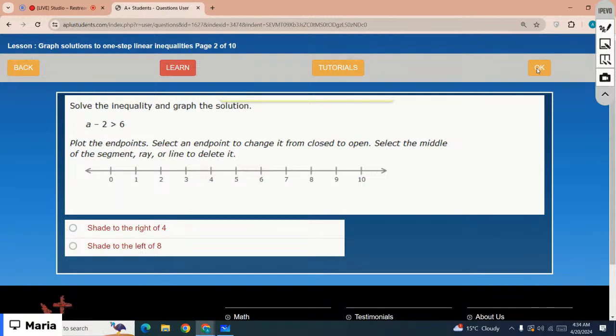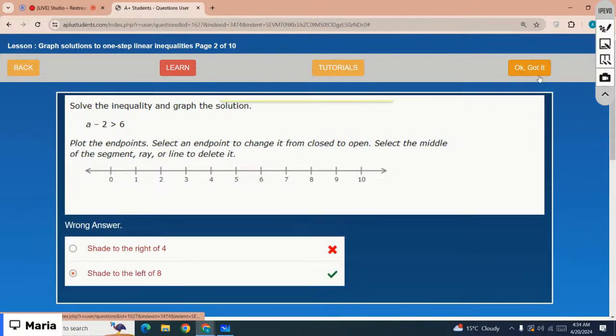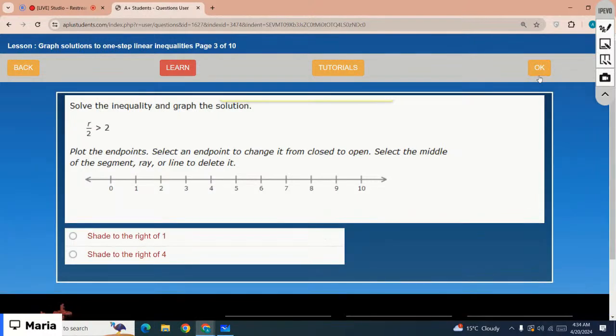That is shade to the right of 4. Option number 1 is the correct option, right? Oh, sorry. Shade to the left of 8, it is option number 2 is the correct option, right? Sorry. Solve the inequality and graph the solution. So which is the correct option?